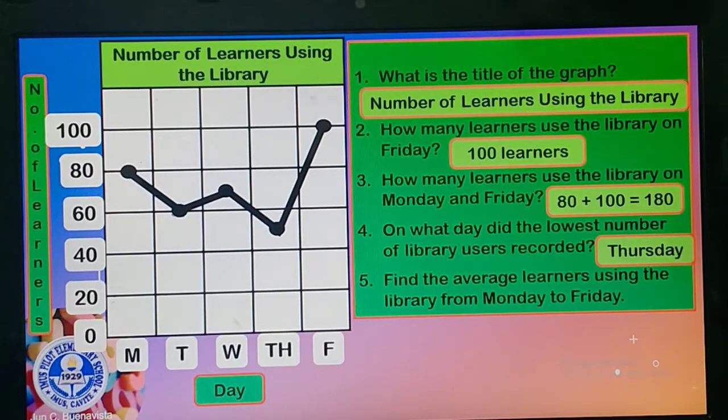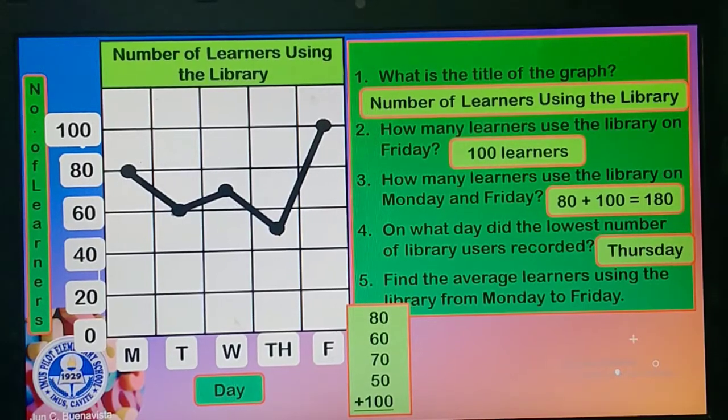Then number 5. Find the average number of learners using the library from Monday to Friday. So again, we're going to get the data of the learners using the library from Monday to Friday. So Monday is 80. Tuesday 60. Wednesday 70. Thursday 50.